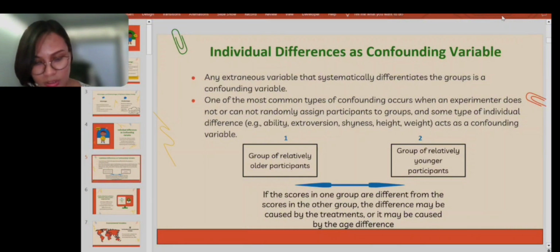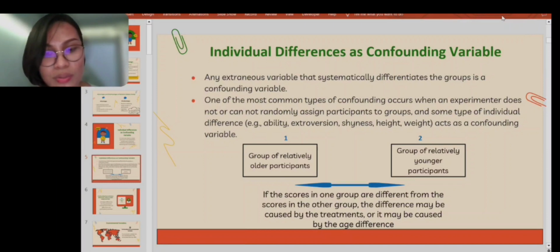If the results of this example showed that the scores in one group were consistently higher than the scores of the other group, it is not possible to determine whether the treatment or the age is responsible for the difference between groups.